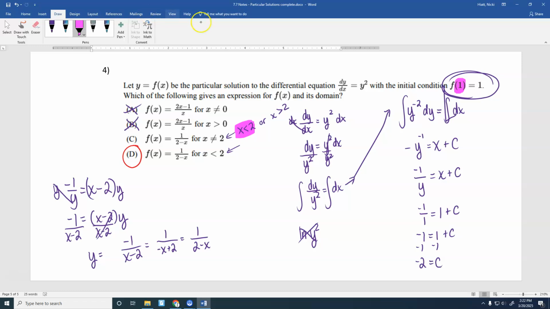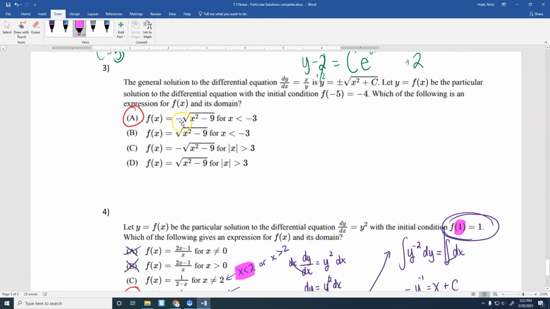Okay, it's kind of similar to what we were doing up here. For number 3, C and D are not going to be your answers because when it has the absolute value bars, that means x is greater than 3 or x is less than -3. So for a particular solution problem, it's not going to be your answer.